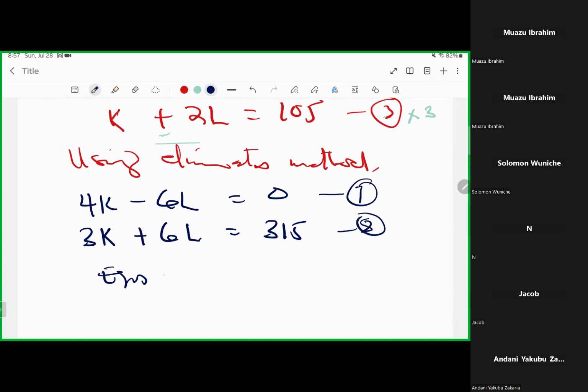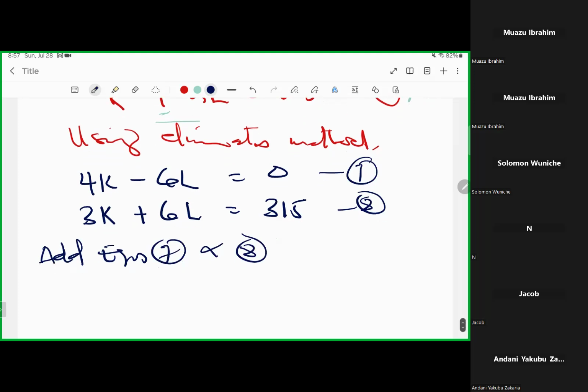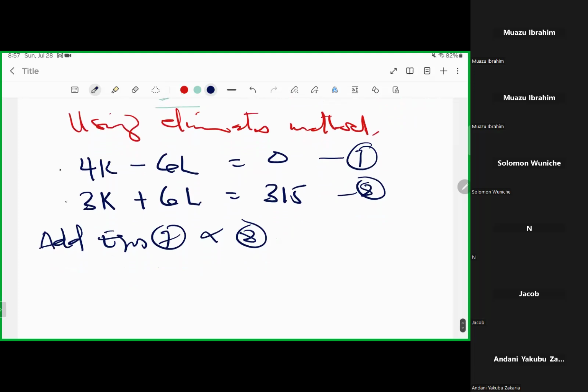So add equation 7 and 8. When you add this plus this, what will you get? 7k. This plus this will be 0. So 7k will be equal to this plus this, which is 315.